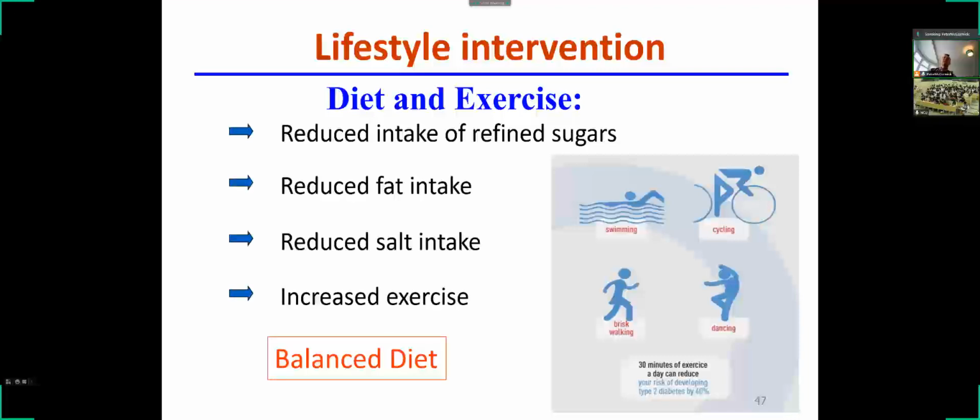So reduce intake of refined sugars, reduce fat intake, reduce salt intake, increase exercise, and just basically have a more balanced diet. So 30 minutes of exercise a day can reduce your risk of developing type 2 diabetes by 40%.